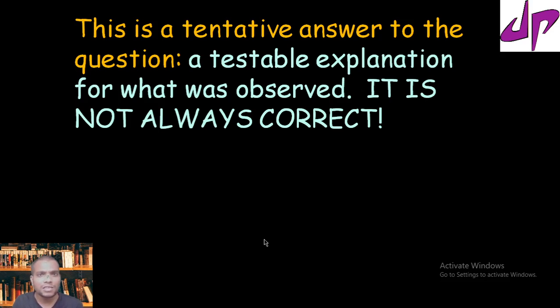So a hypothesis gives us a temporary answer to the question, and it has a testable explanation for what was observed. If I give 2 cups of water to the tomato plant, I need to observe. So I have a testable explanation. After that it may be correct or it may not be correct. As it is tentative, it will always change.